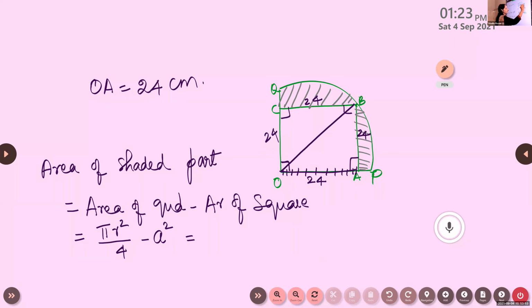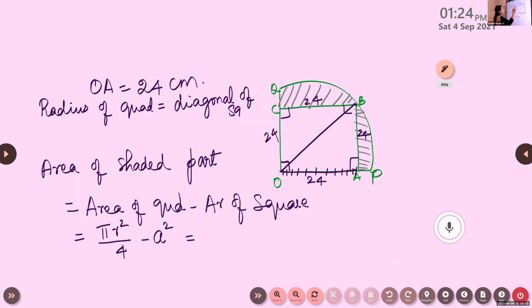The radius of the quadrant is the same as the diagonal of the square. When you draw it with this diagonal, you get a circle. So diagonal will be the same as the radius.